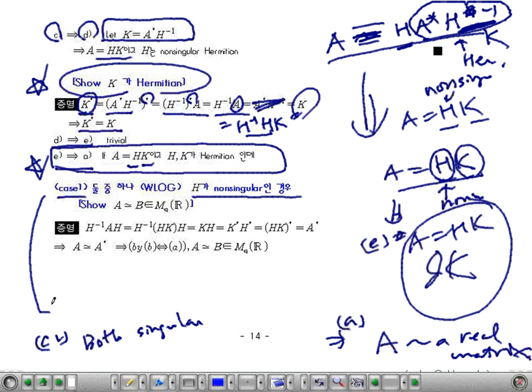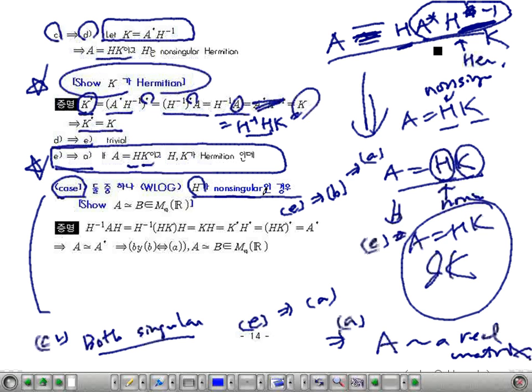There are only two cases that we can think of. For case one, we show E implies B. Then, since we know A and B are equivalent, we can just reach B. And for case two, we show directly from here to A. That's our strategy. Okay, start.